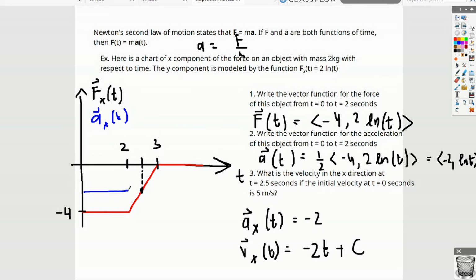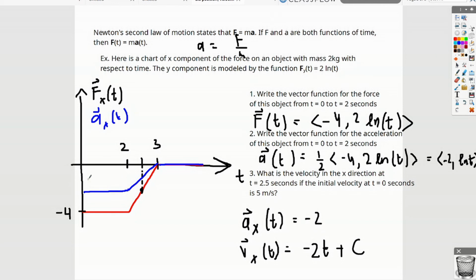From here to here it's -2, and then it goes down with half the slope, so it still hits that at its halfway point, and then you get that. So how much did it decelerate is what we're trying to find. How much did the velocity go down by? And to find that, you have to find the area under the curve.